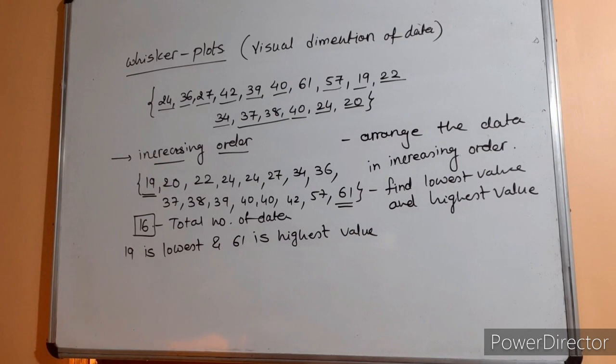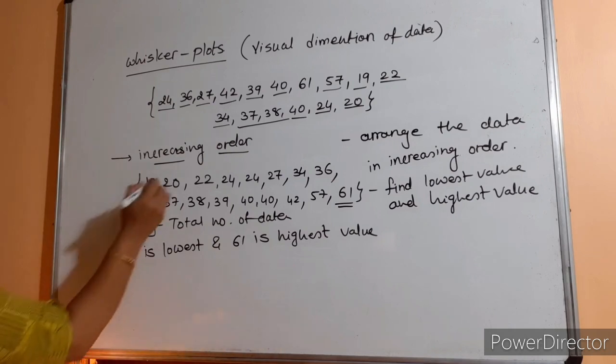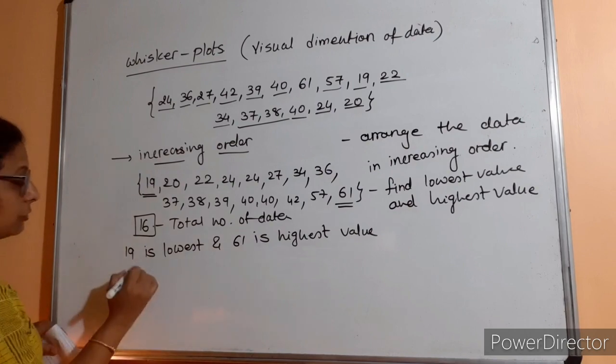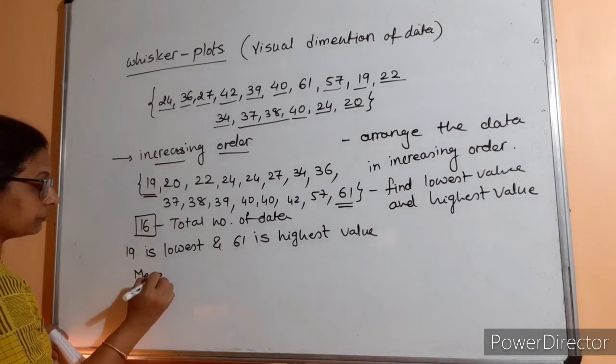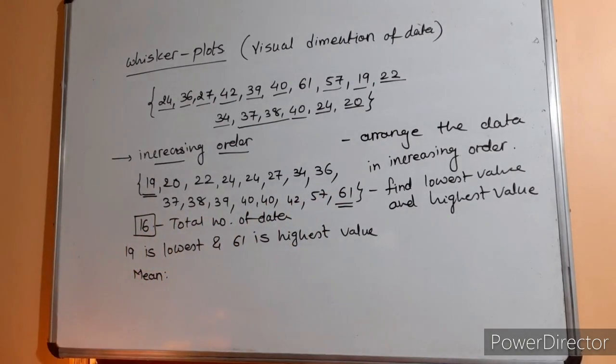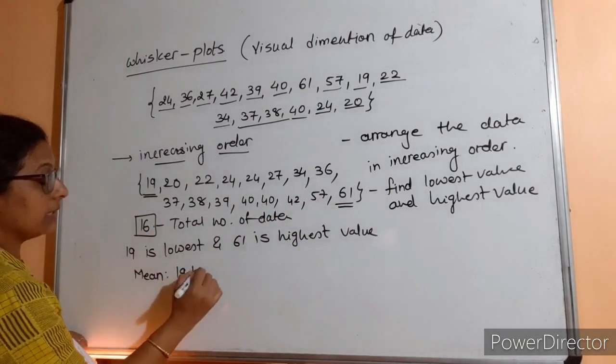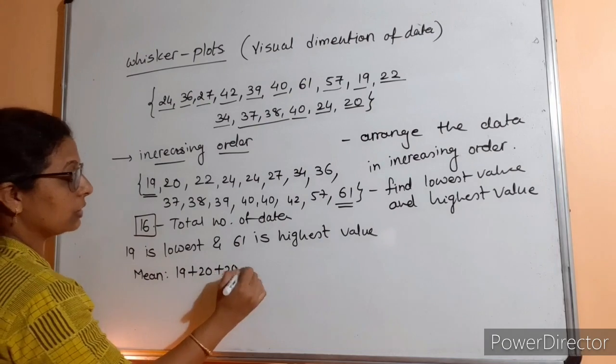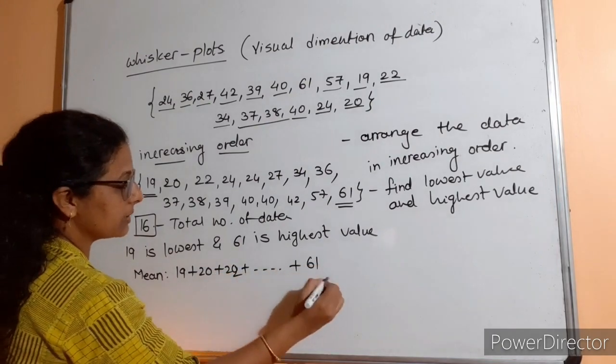Now, to construct the whisker plot graph, we have to calculate the mean and median of the data, because this is again the data analysis only. So, first of all, we'll find the mean of this data. How to find this mean? That is summation of all this. So, we'll write here like this: 19, 20, 22 and so on to 61.